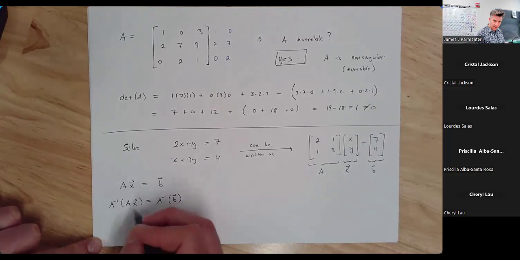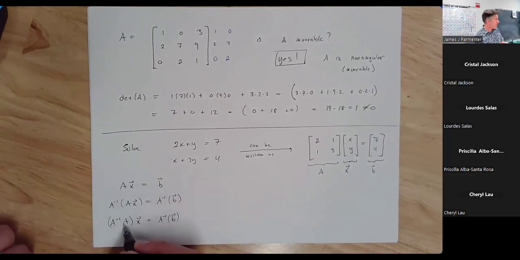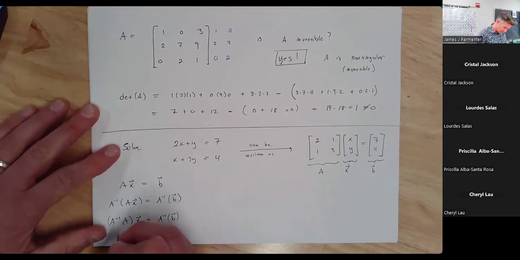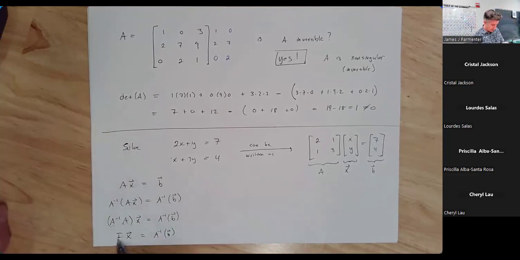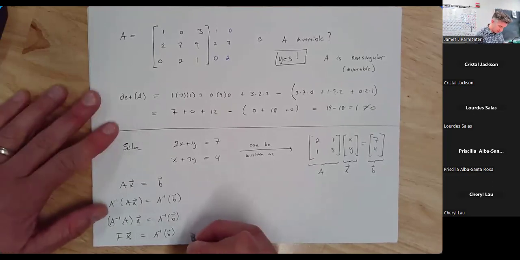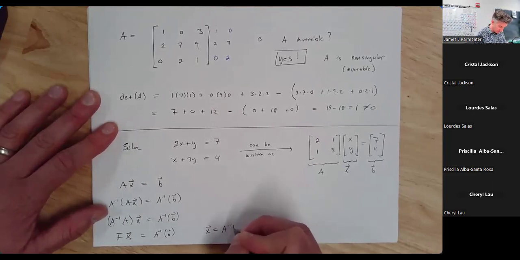Then A inverse times A, that's the whole thing about being inverses. When you multiply them together, you get the identity matrix. So this becomes the identity matrix times X equal to A inverse times B. But the identity matrix times anything is just whatever the anything is. So X, the thing we're trying to solve for, is equal to A inverse times B.